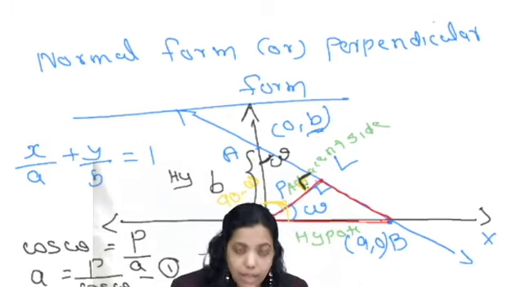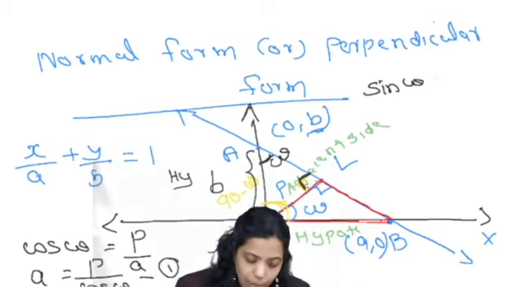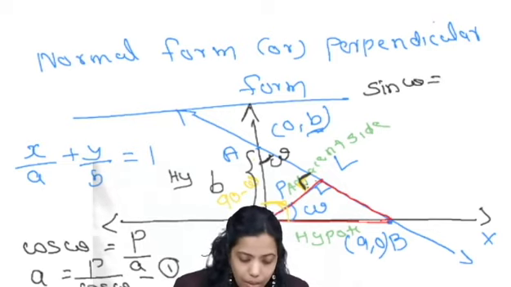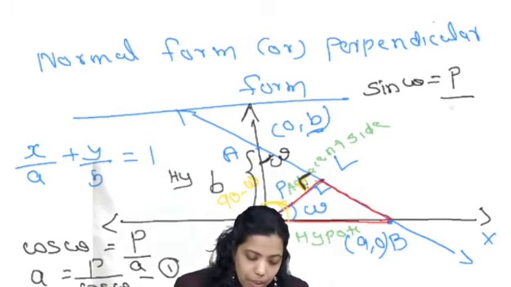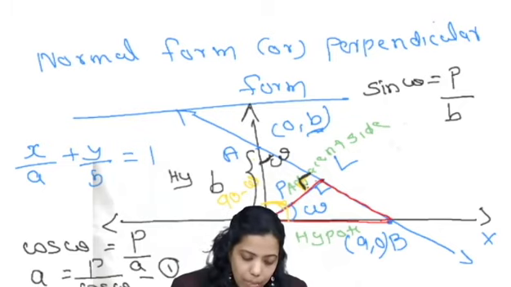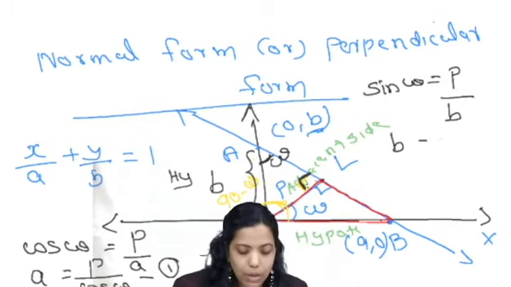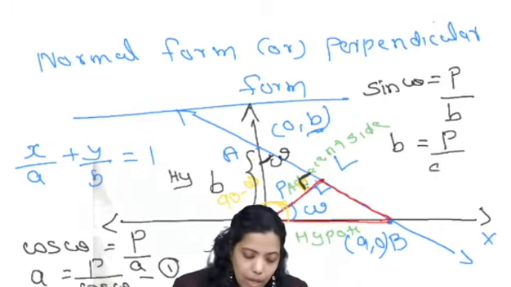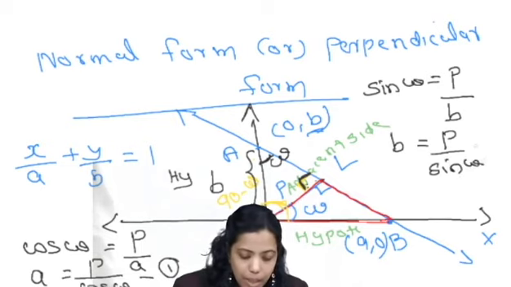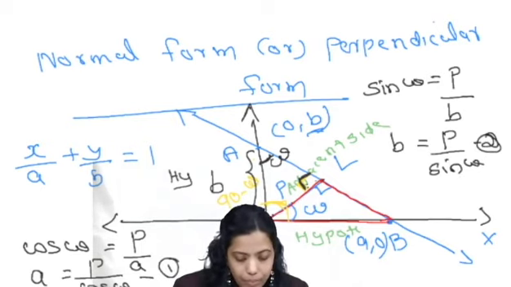It is sine, which is opposite side by hypotenuse. So sine omega equals opposite side p by hypotenuse b. From this we get the value of b as p by sine omega.